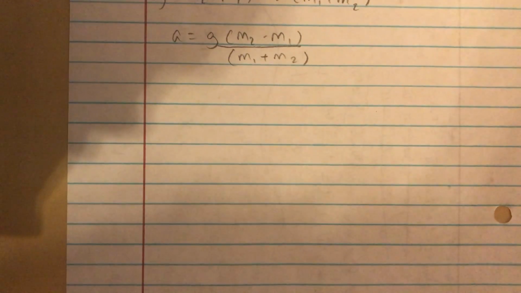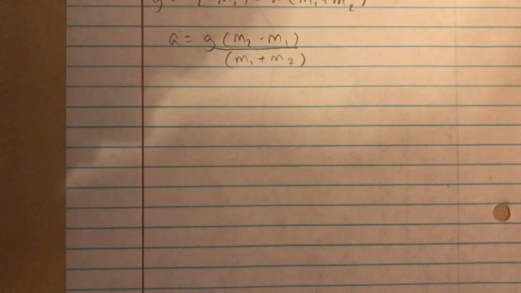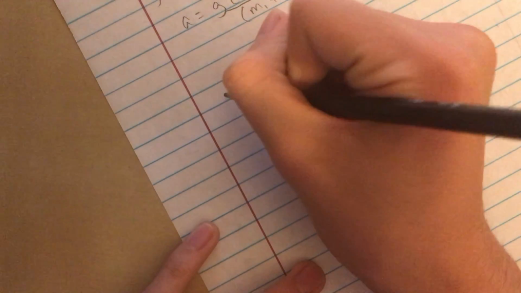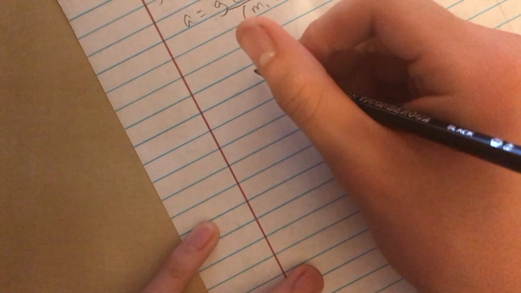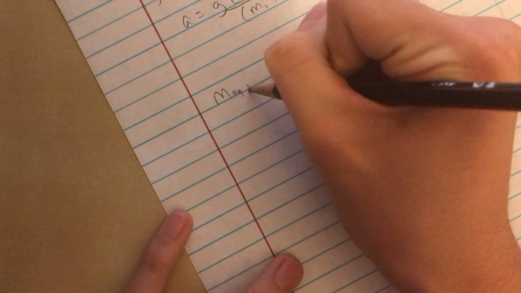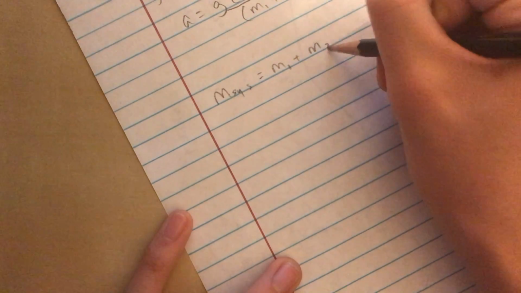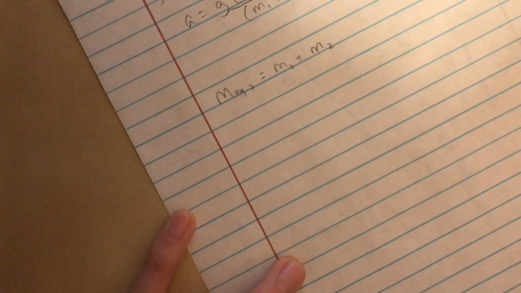Originally, the mass of the system was equal to mass 1 of the block plus mass 2 because the string had negligible mass.